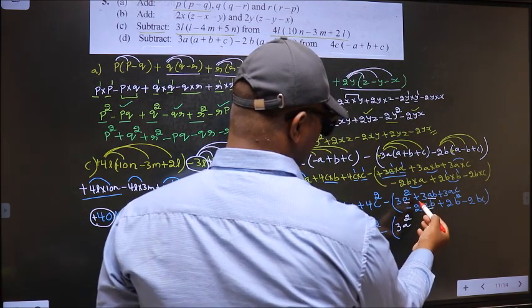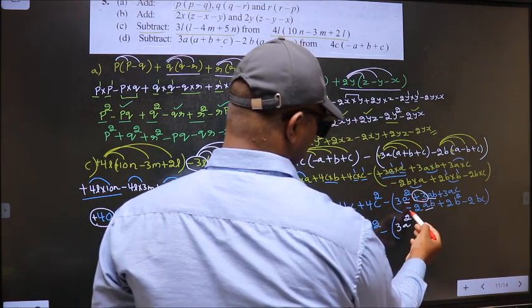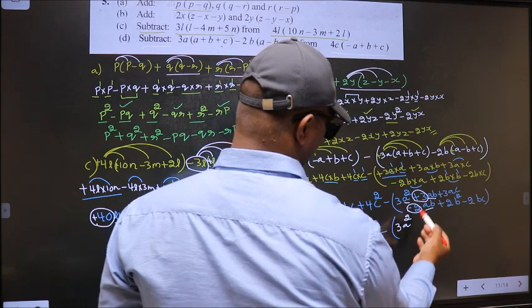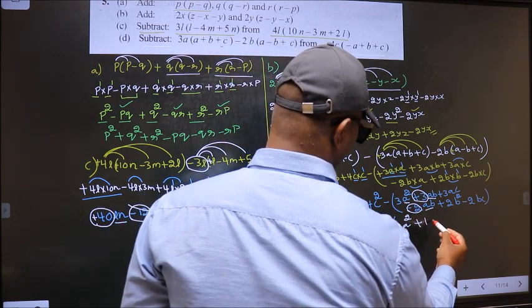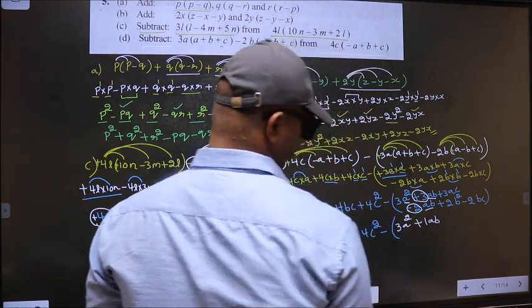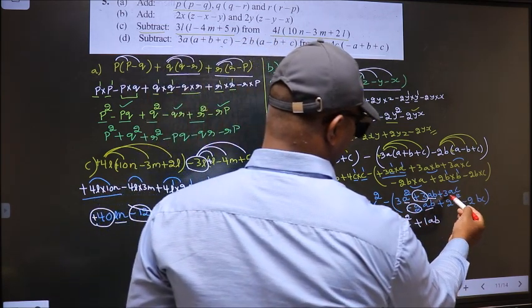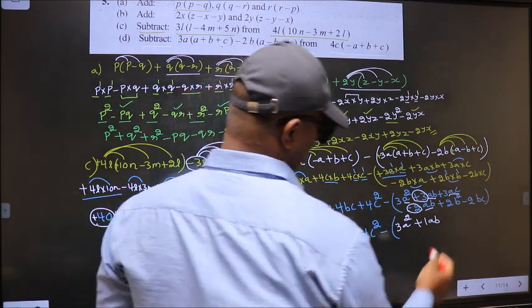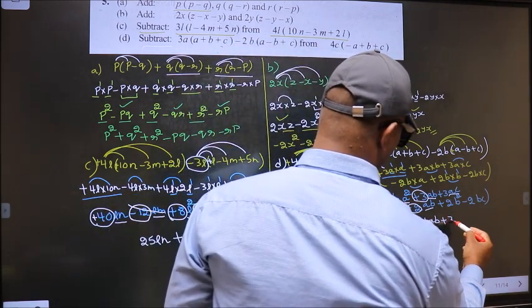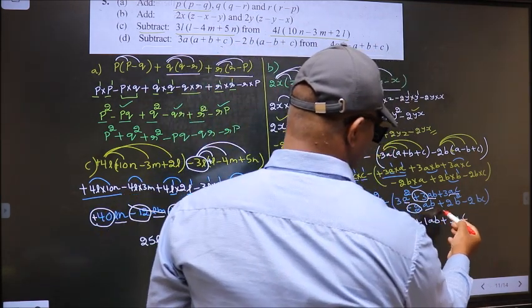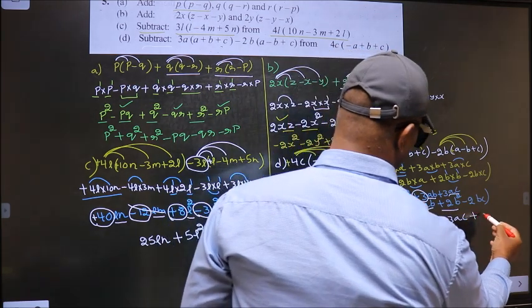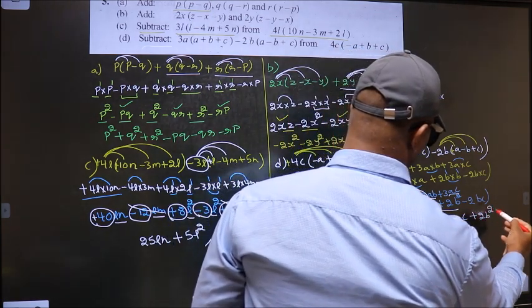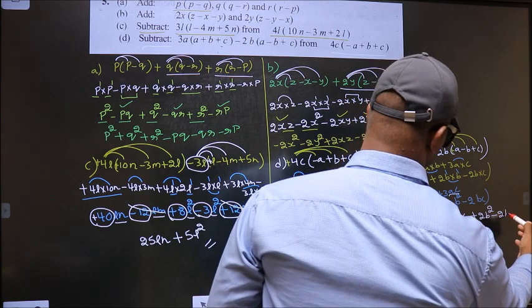Now look at the number before them. Plus 3 minus 2 is plus 1 AB. Next is AC. Do we have AC term anywhere else? No. So you write it down as it is. Next is plus 2B square. So as it is. And BC term is alone, so you write as it is.